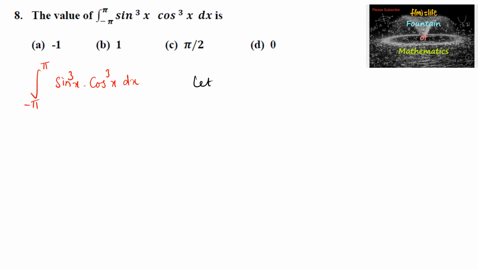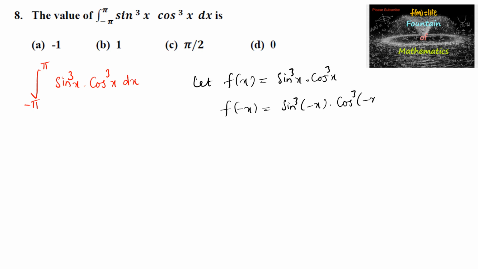So let f of x is equal to sin power 3x into cos power 3x, and f of negative x is equal to sin power 3 of negative x into cos power 3 of negative x, which is minus sin power 3 x into cos power 3 x, because we know that sine of negative theta is equal to minus sine theta and cos of negative theta is equal to plus cos theta.